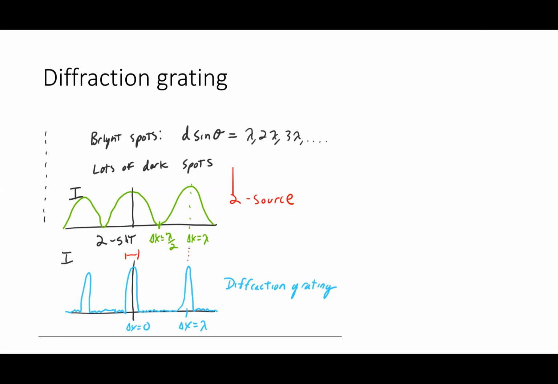So if I were to use a different wavelength that had a bright spot at a different angle, those would be sufficiently well defined and sufficiently far apart that I'd be able to pick out one wavelength or the other. So this is a way of separating out the different pieces of light. If I have a spectrometer, say, and I want to measure the amount of each wavelength of light that I have, this would be a critical part of that instrument.